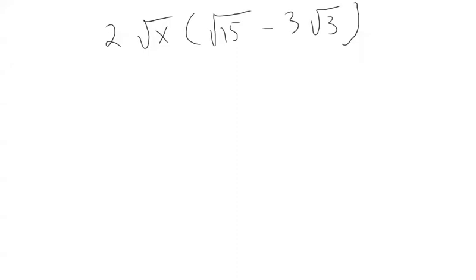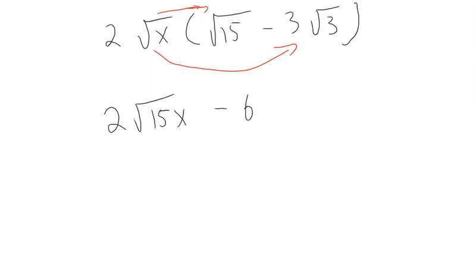Again, we use our distributive property, so I'm going to distribute that through the parentheses. So 2 radical x times radical 15 becomes 2 radical 15x. And then 2 times negative 3 is negative 6. And then radical x times radical 3 is radical 3x.